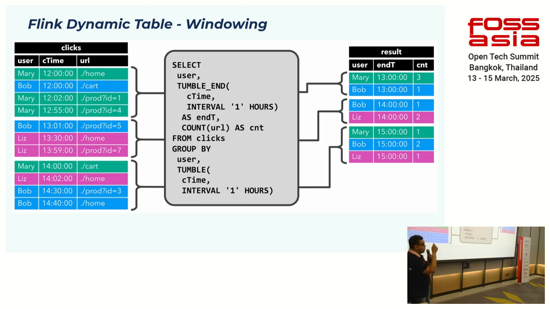But then from 1 to 2, Bob clicked once and Liz clicked twice. So the record would actually have 1 and 2. And then from 2 to 3, it would be Murray 1, Bob 2, and Liz 1. Now, these windows are non-overlapping. So every 1 hour, you would get these data. And you could take actions that, okay, I want to do X downstream application for this.